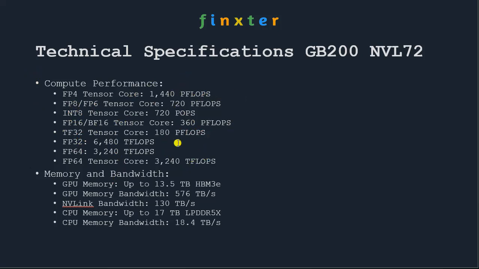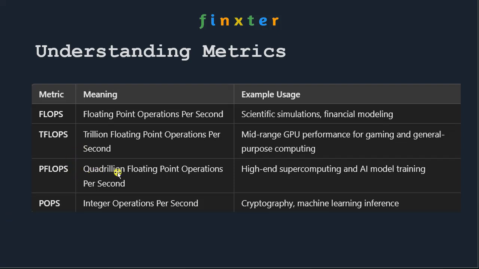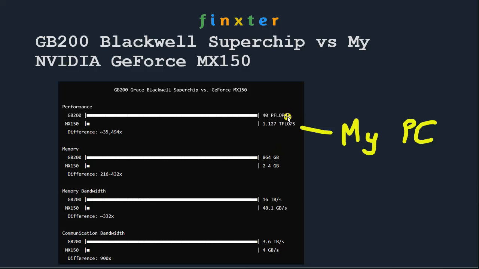Okay, so we have an insane number of operations. Again, let's look at the difference. Here, the GB200 offers 40 petaflops of performance. So it can compute 40, what is petaflops? Quadrillion, 40 quadrillion floating point operations per second. And this is already 35,000x compared to my own GPU in my computer. So this is one chip, 40 petaflops.